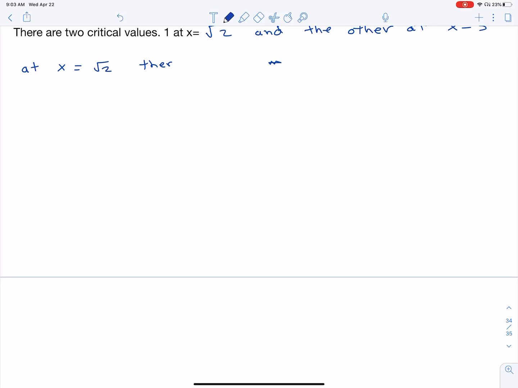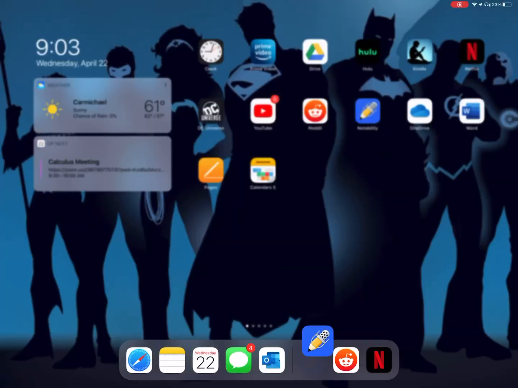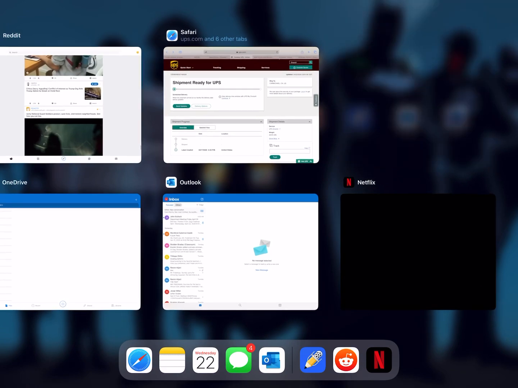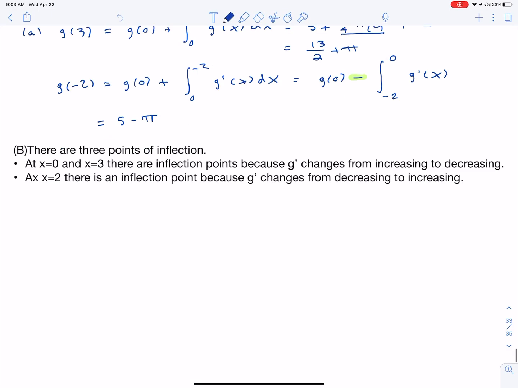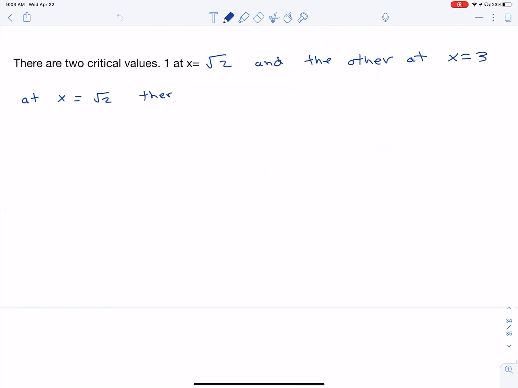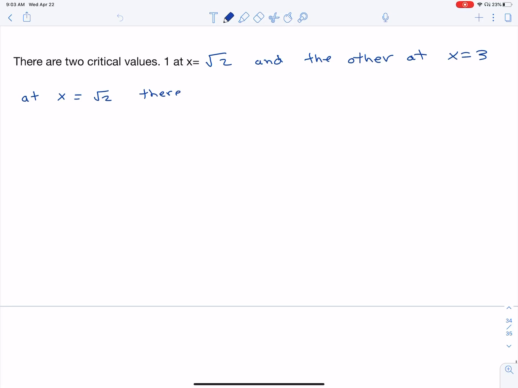This thing just crashed. Oh, let's hope that we are okay. I think I am. I'm going to just close this down real quickly and then I'll come back to it. Should be fine though. Okay, so x equals root 2, there is a maximum.